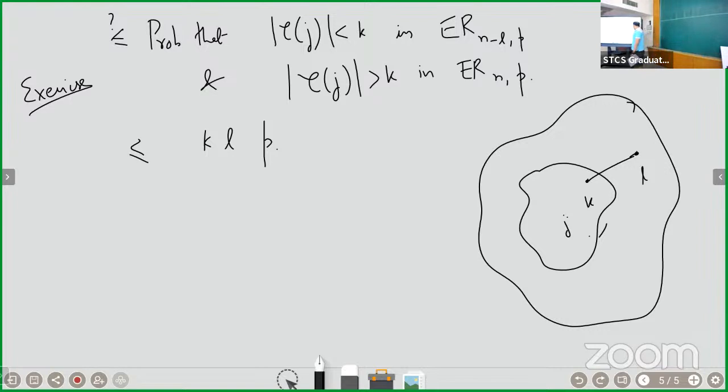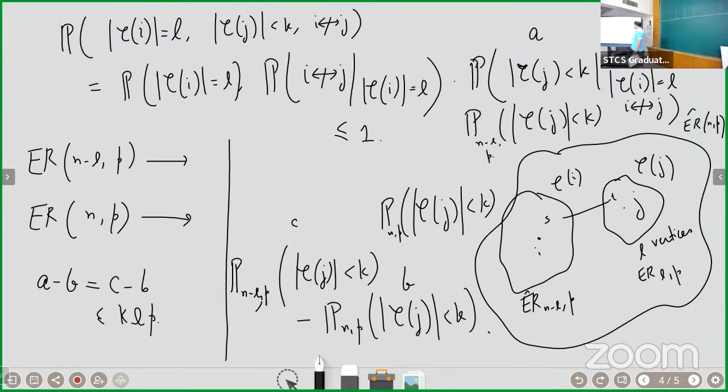So the most important takeaway really is the coupling. That's how you compare two graphs with the same connection probability, but two different sets of nodes. So the coupling is the most natural. Start with the smaller graph, add additional edges, add additional vertices, and then allow all the edges to exist. That's all. Okay.